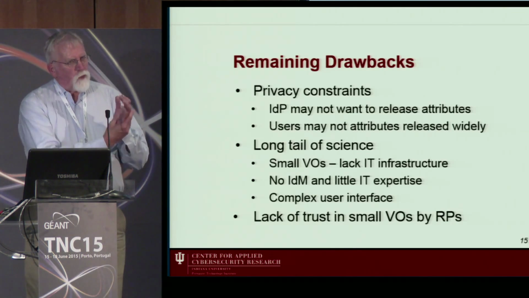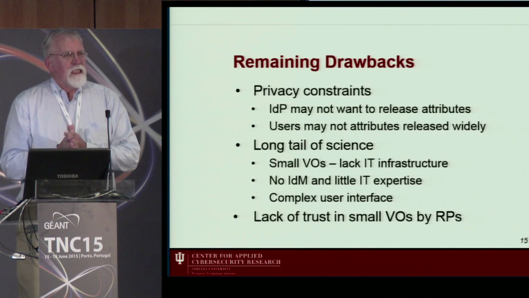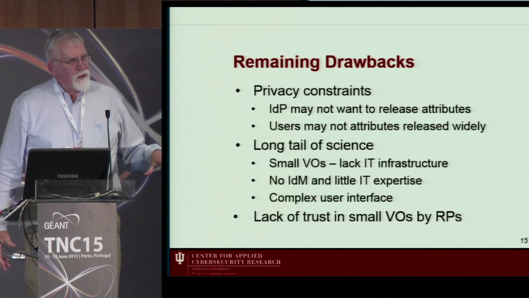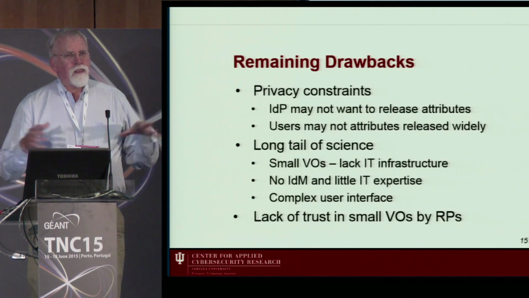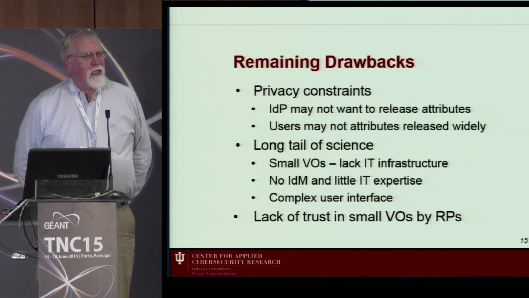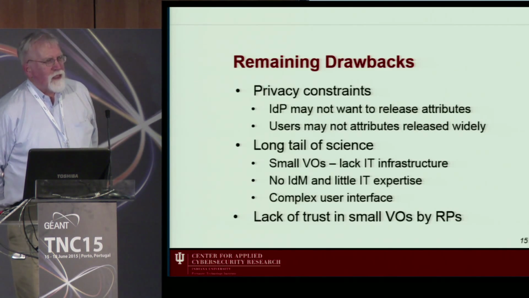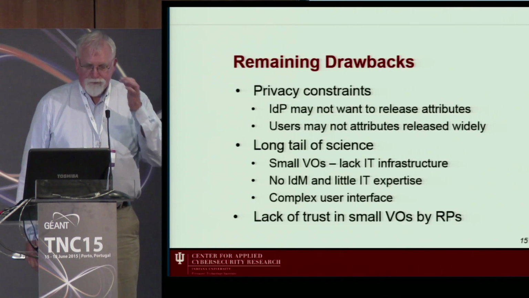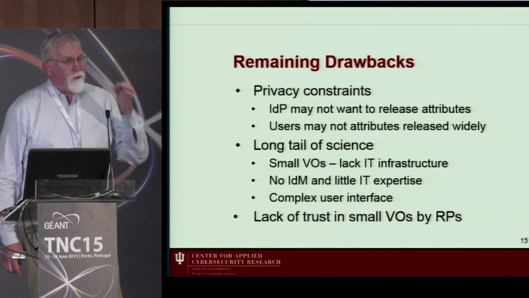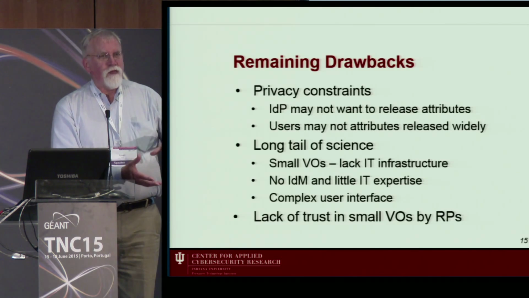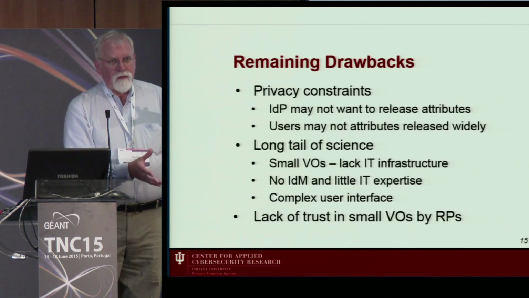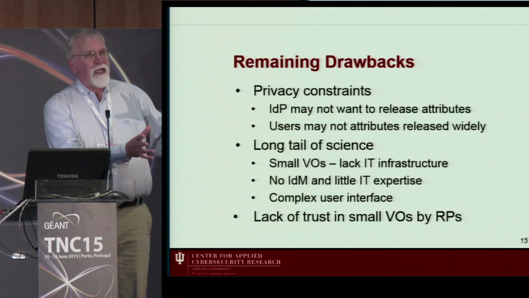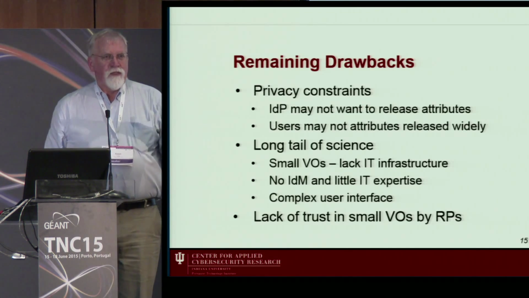So one of the interesting things we discovered is that, after the LHC experiments, and maybe Belle too, there's not really a lot of really big scientific experiments out there. What seems to be happening is that there'll be some agency that will fund some big instrument, say the Square Kilometer Array or LSST or something like that. So they'll fund that instrument and the operation to gather the data.